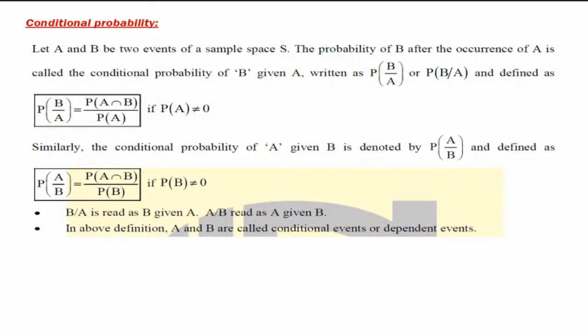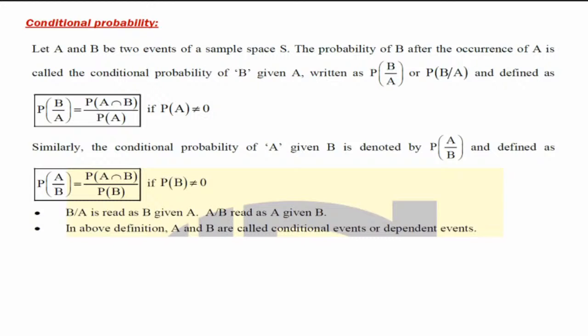If the outcome is a prime number, then what is the probability that it is an odd number? So it is already given that the outcome is a prime number. What are the prime numbers from 1 to 6? 2, 3, 5.